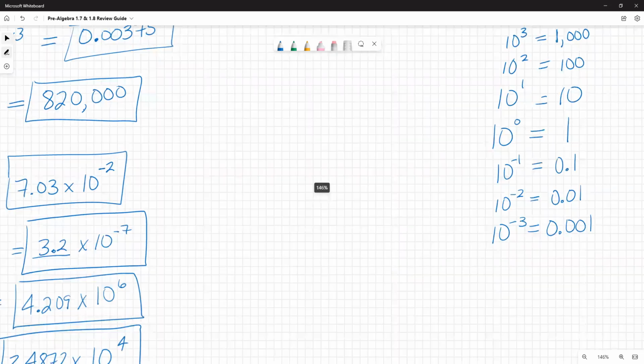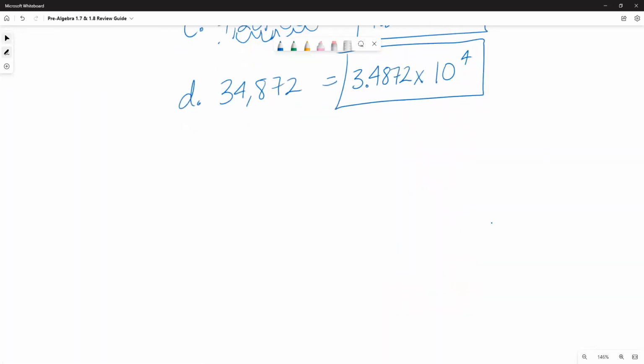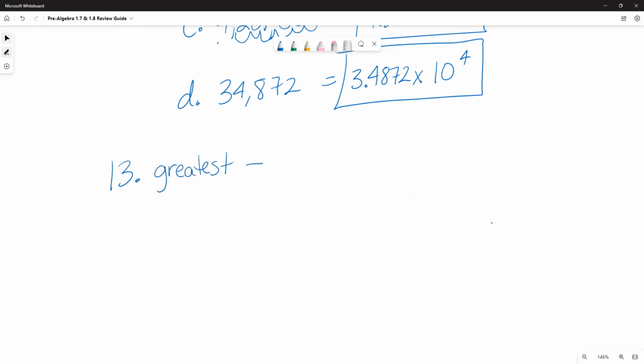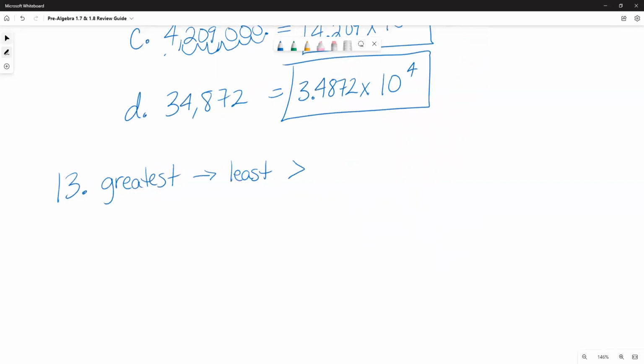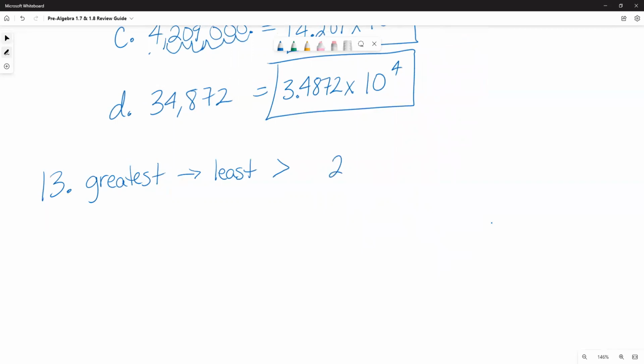All right, so let's make sure y'all got that. Let's look at number 13. Okay, so we are putting these in order from greatest to least, so we're using the greater than symbol. I gave y'all some space here because I would go ahead and put these in standard notation and then write the scientific notation in order.